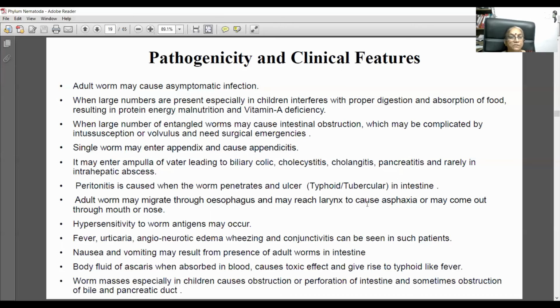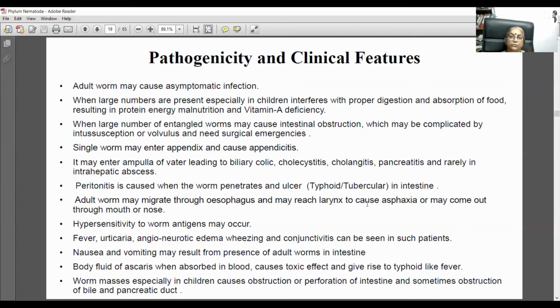When the worms are going to penetrate the intestine, because of thinning that has occurred due to the presence of the ulcers, sometimes ulcers are just like that only, that is, the person is having that tendency of formation of the ulcers. Sometimes the person might have suffered with typhoid and typhoid ulcers are present.